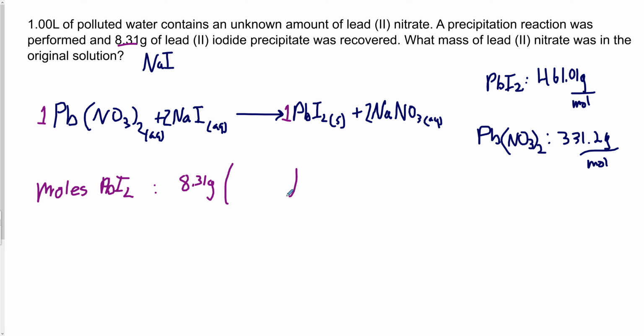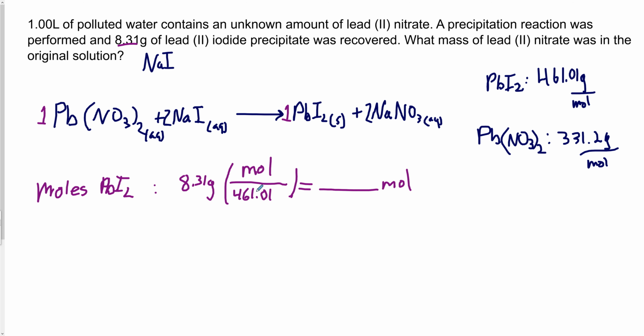We get our conversion, and we're going to use the molar mass of PbI2. And we need to figure this out where everything goes. Remember, since we're trying to find moles, we're going from grams to moles. Moles is going to go on top, and 461.01 is going to go on the bottom.